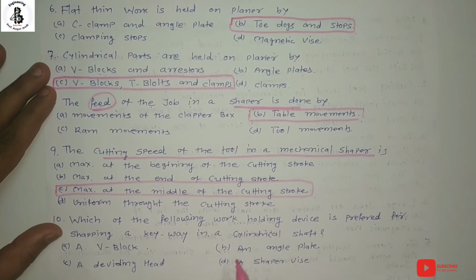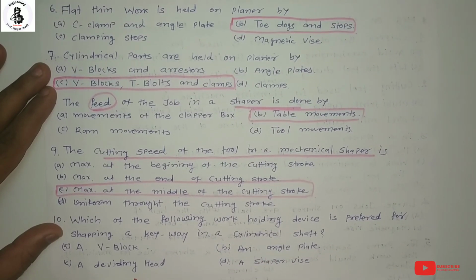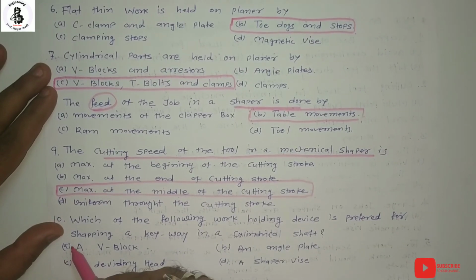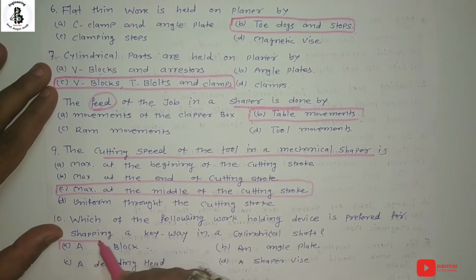So in case of the work holding device, a V-block is preferred for shaping a keyway in a cylindrical shaft. So the right answer is option A.